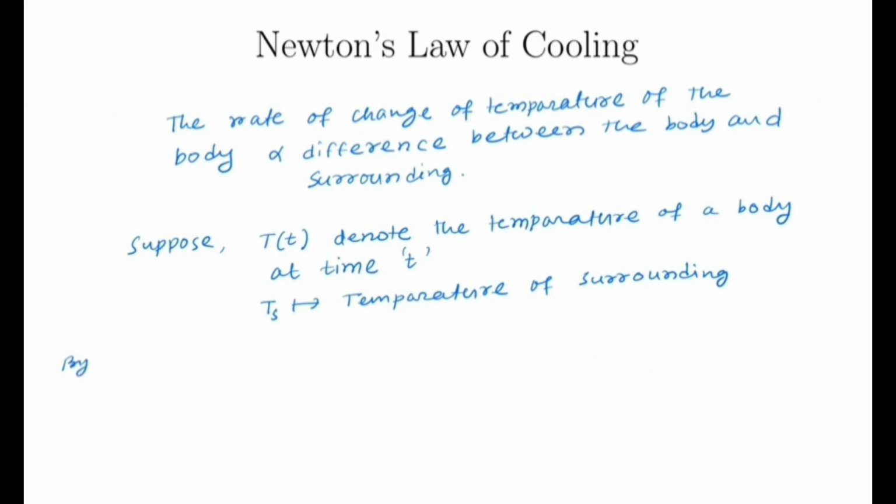Then, by the Newton's law of cooling, rate of change of temperature, which is dT by dt, is proportional to T minus Ts, which is the difference of the body and the surrounding.